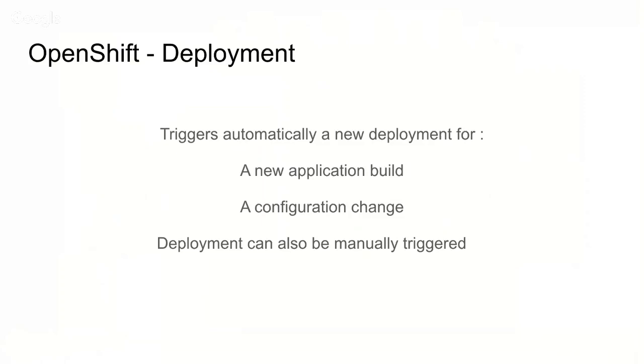For example, every time a new container is built, you can tell OpenShift to replace the currently running containers with the new one that's been built. You can also ask OpenShift to do automated deployment on a configuration change. So if you change any configuration in your project, you can ask OpenShift to automatically deploy the new version of the configuration. And obviously, you can also manually trigger the deployment if you prefer.